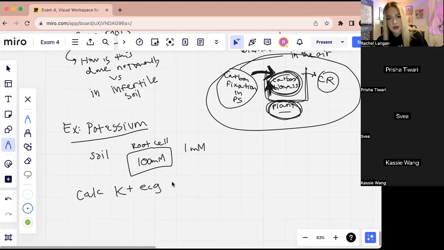And you will be given the Nernst equation, being equilibrium potential equals 59 over Z, log out over in.